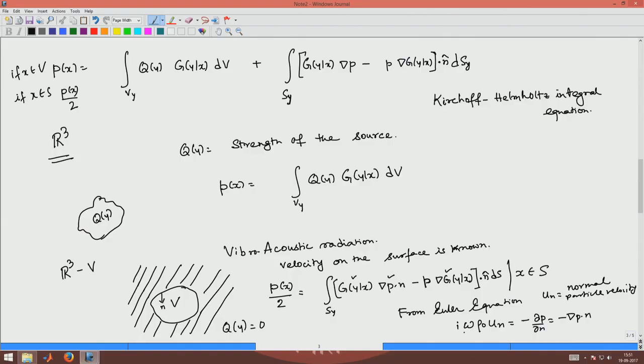From here onwards, it will be a computational analysis procedure. As I said, this equation cannot be solved by pen and paper and by analytical calculation. It needs to be solved using a computational procedure, and what we have done is formulate the equation which has to be numerically implemented through a boundary element method type of calculation, and that will lead us to the solution, or at least the computational solution, of the acoustic response due to any vibrating object.